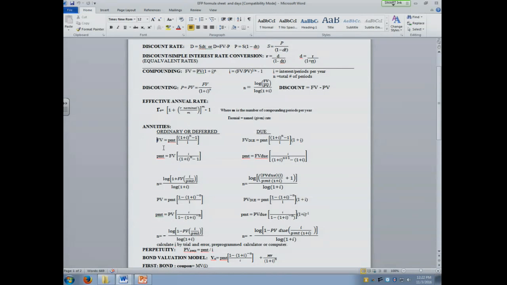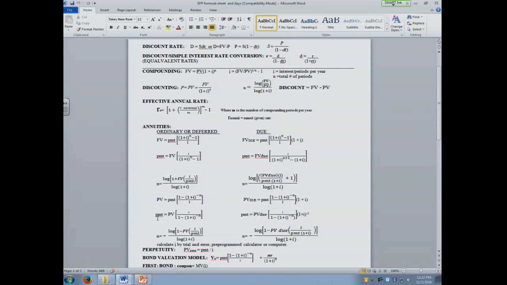Now I want to bring to your attention these first 3 formulas: future value, payment, and the number of payments. They all have to have future value. The first one we're looking for future value. But this payment formula, we use this when the givens include future value. We use this formula when we're looking for the number of payments given future value.